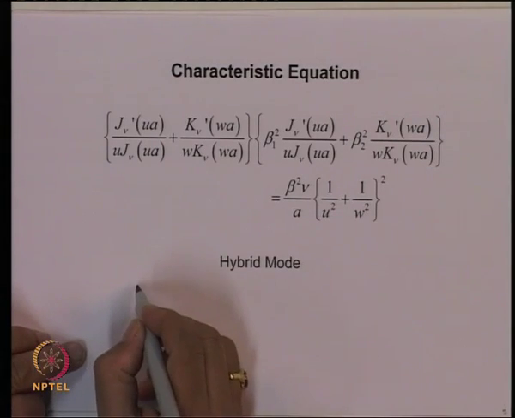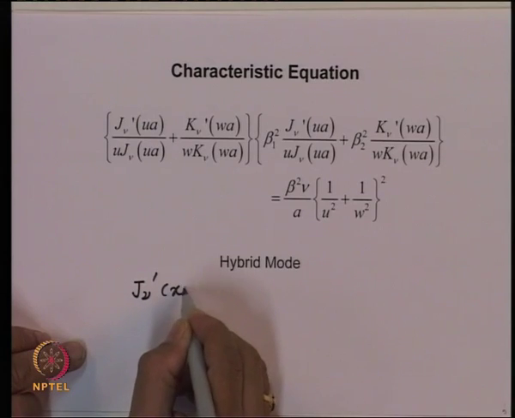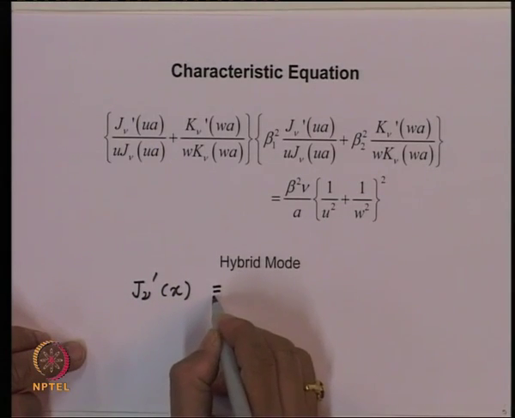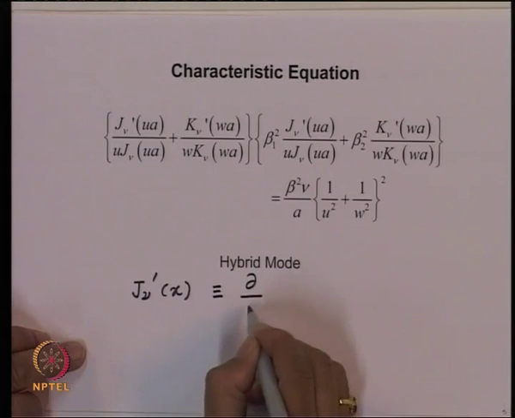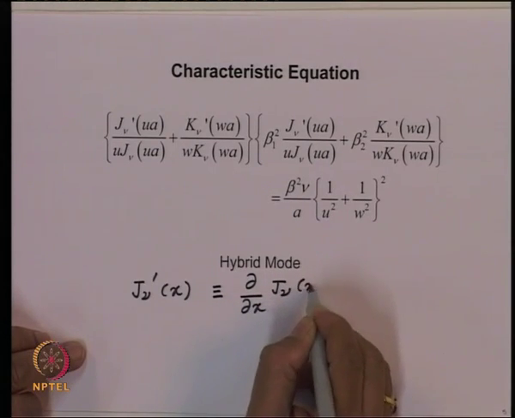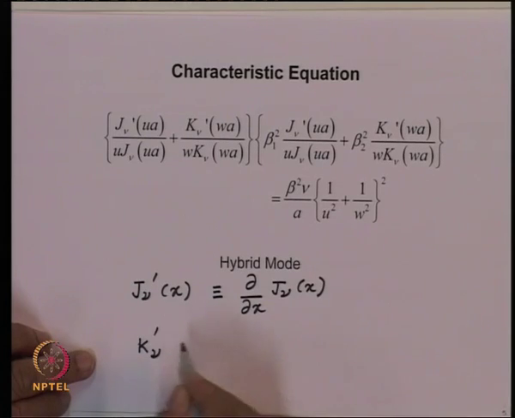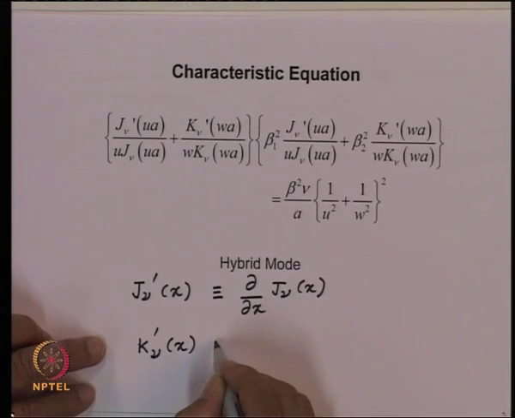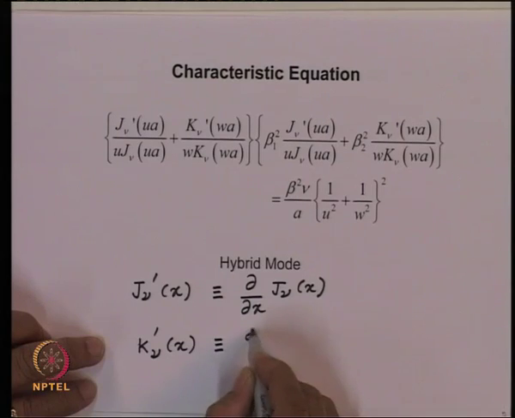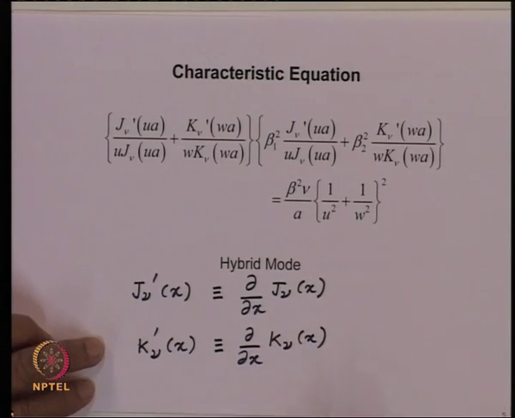So essentially the J nu prime x is d by dx of J nu x, and similarly K nu prime x, that is d by dx of K nu x.